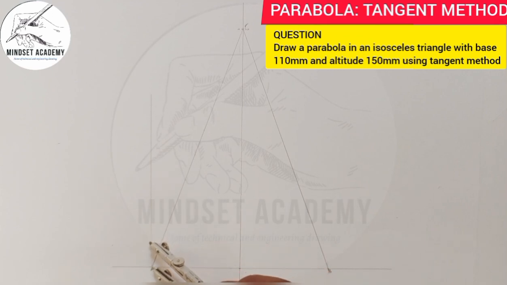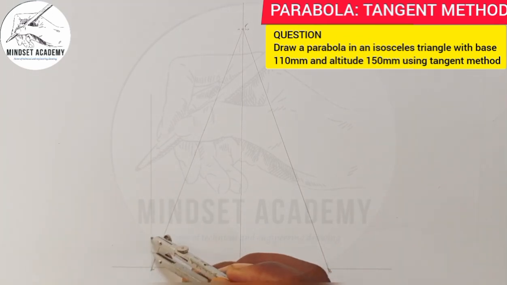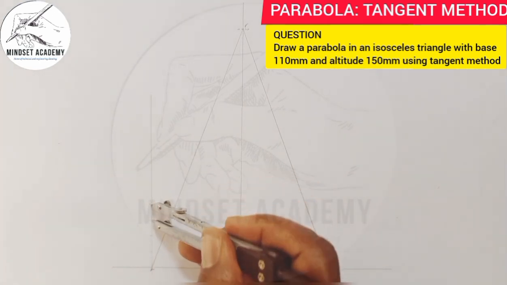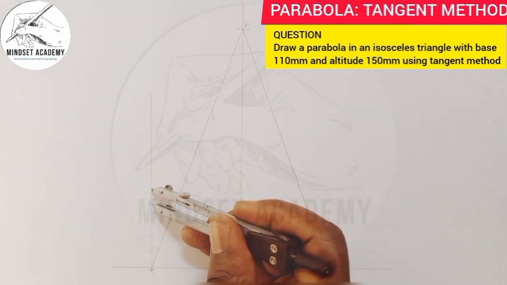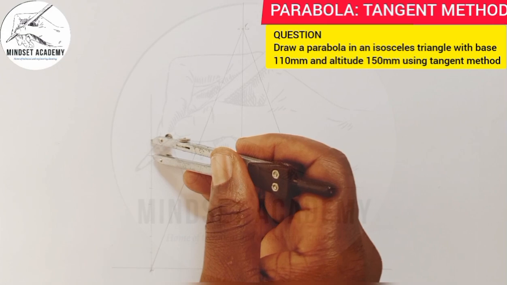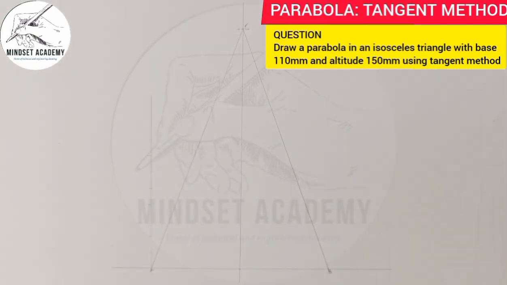So using the method of line division, I will mark 1, 2, 3, 4, 5, 6, 7, and 8.